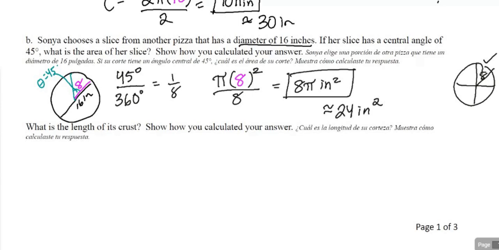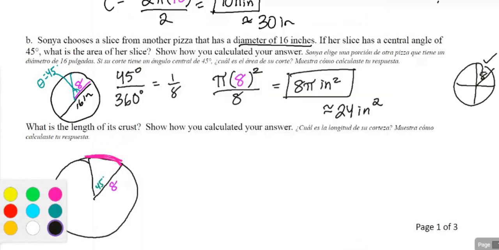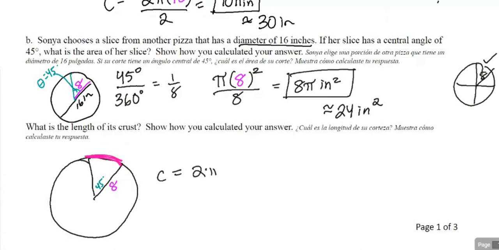Well, now we need to know the length of that arc. We have an arc with radius 8, central angle of 45 degrees. So I want this distance here. I know that the circumference around the circle is 2 pi times r.